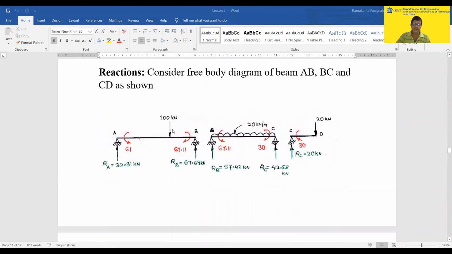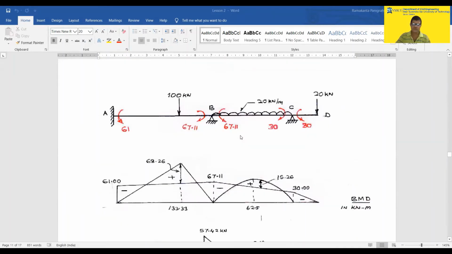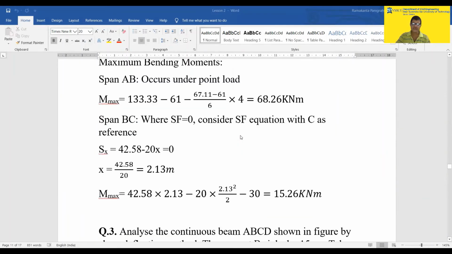The moment here will be RA into 4, clockwise, minus 61. You should consider these diagrams as the free body diagram of the span. If you want to find the maximum bending moment, you come from one side and calculate the values accordingly. That is how it has been calculated here.